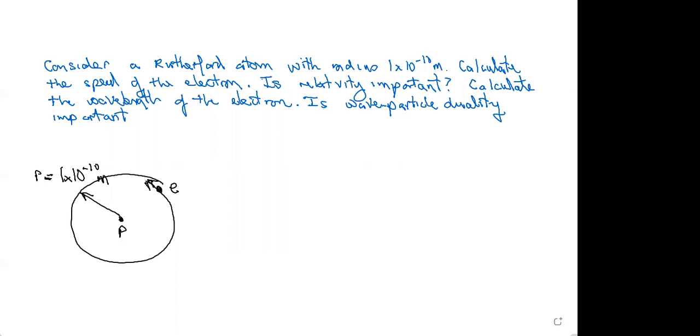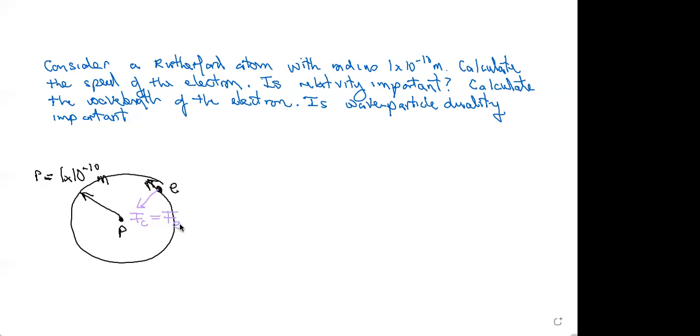So in the atom, the electron orbits the proton, as depicted here, and the electrical force is providing the centripetal force for this orbital motion.